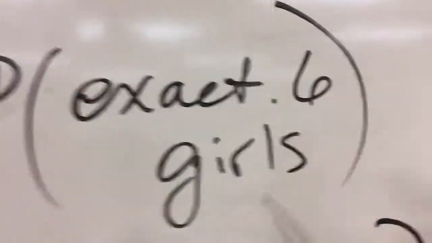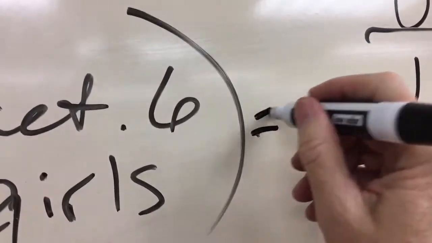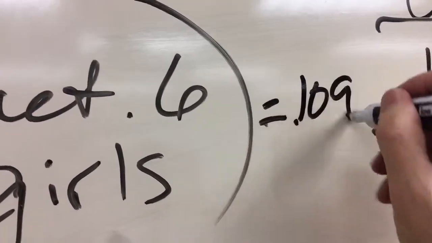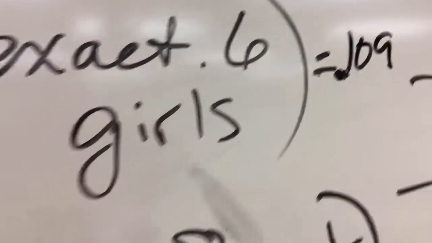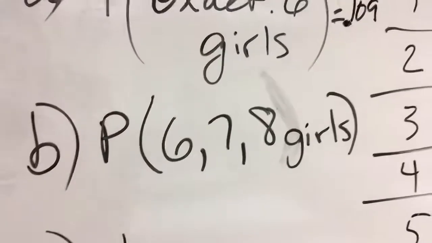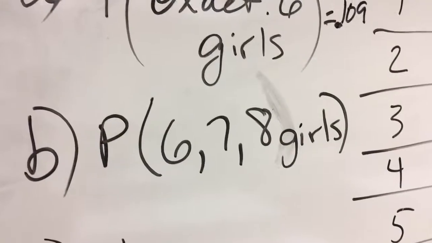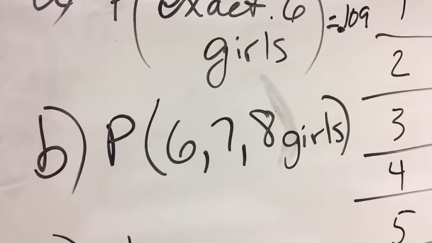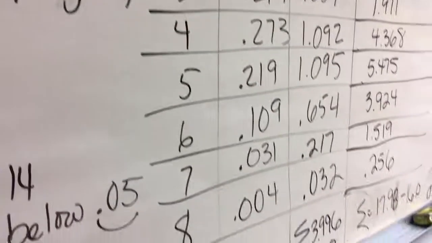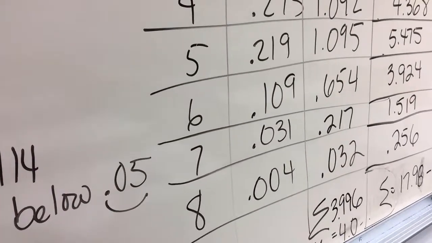So right here, we will write 0.109. Okay, and then the next one says the probability of 6 or more girls, which would be the probability of 6 or 7 or 8 girls. So we're going to look over here and we're going to add those all up together.